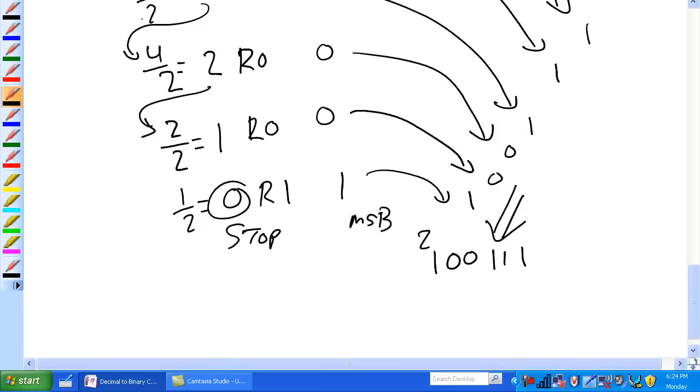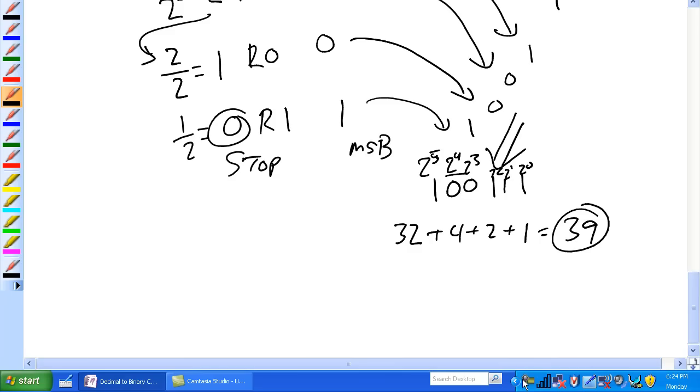So this is 2 to the 5, 2 to the 4, 2 to the 3, 2 to the 2, 2 to the 1, 2 to the 0. So 2 to the 5 is 32. Don't need to worry about those two guys. 2 to the 2 is 4, 2 to the 1 is 2, 2 to the 0 is 1, 39. Nice job.